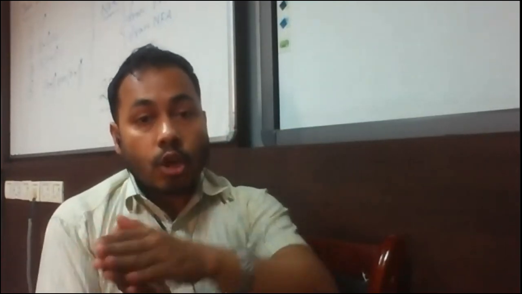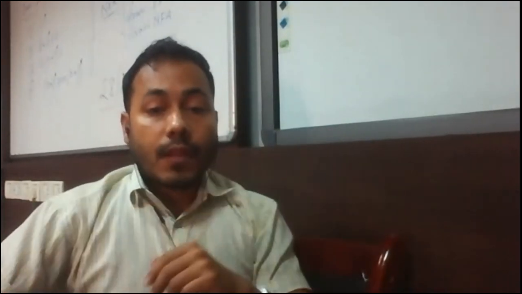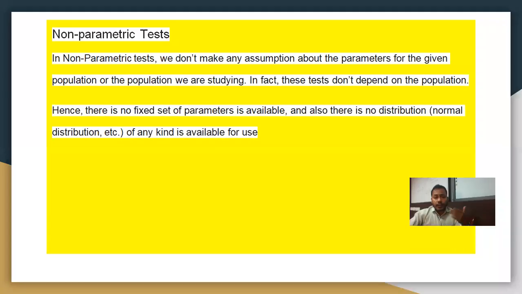Here you have seen that we are not making any assumptions, right? And second, that it is not going to depend on the populations. Okay, is this clear? So in non-parametric we saw that it does not depend on any population size or on the population itself. So there is no fixed set of parameters available and also there is no distribution of any kind available for use. Okay, all the points, kindly note them down.